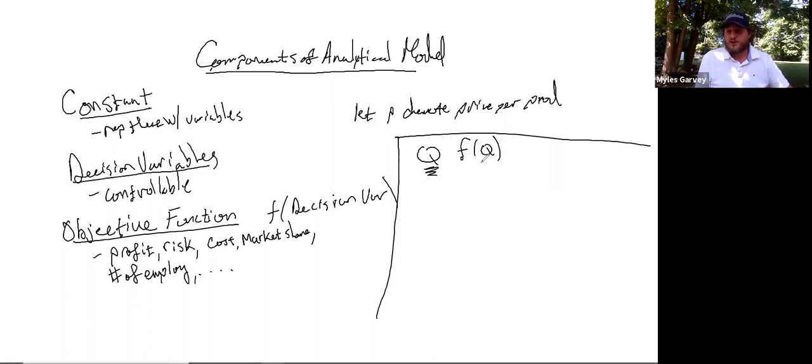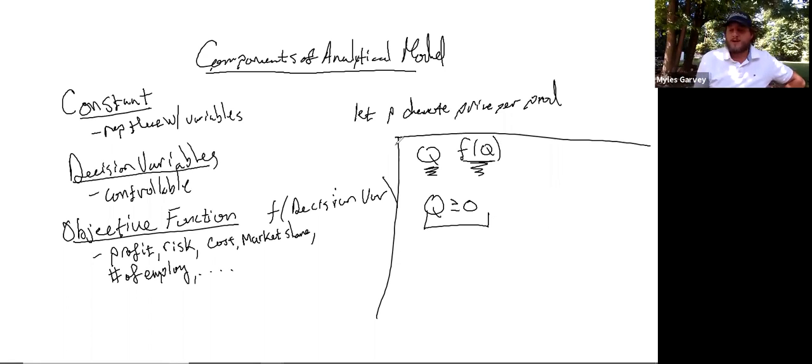Mathematically, the function I have defined may allow for negative quantities, but this doesn't make much sense. So in the real world, I may say not only do I want to figure out my best Q such that F is at its highest or lowest point, but I want to do so such that Q is nonnegative, because this is more reflective of the real world. I can't order negative quantities.